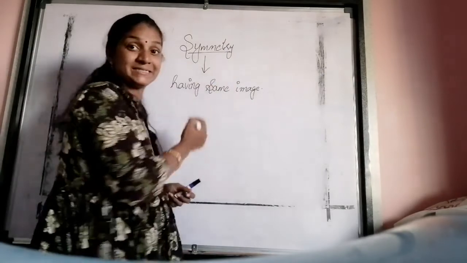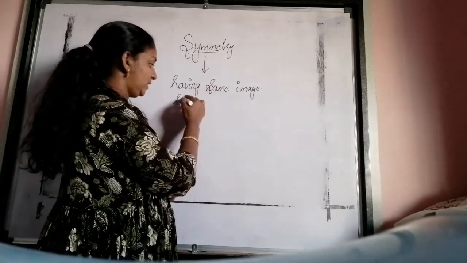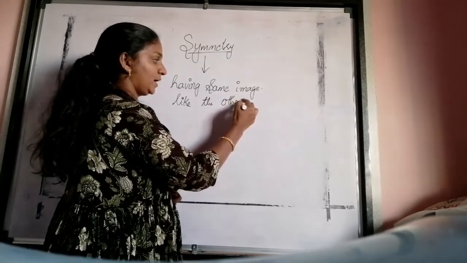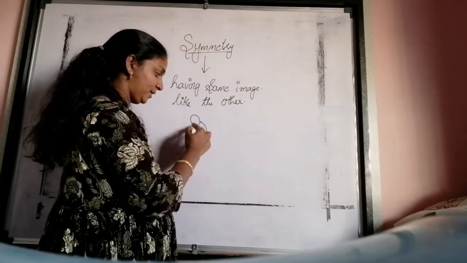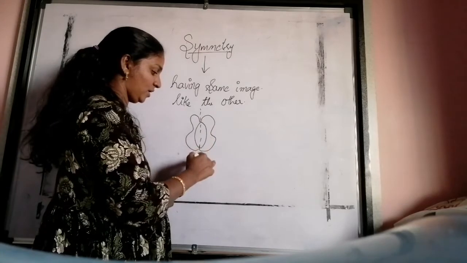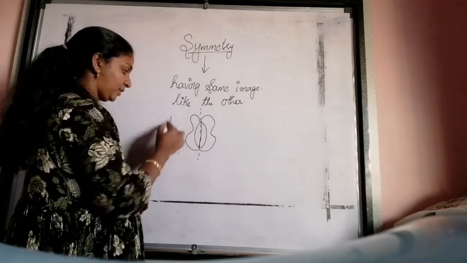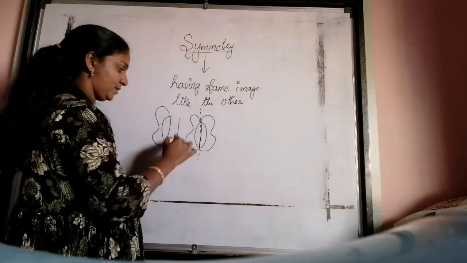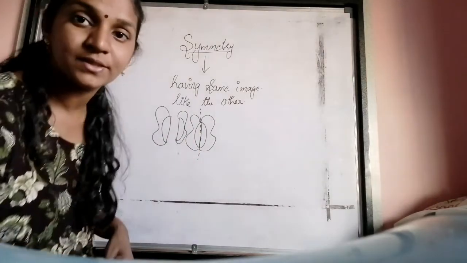Next, coming to the topic, symmetry. Symmetry means having the same image as the other. See, if we take an example of a butterfly and make it into half, this half is this side and this is like this.